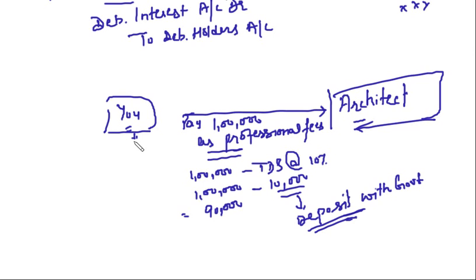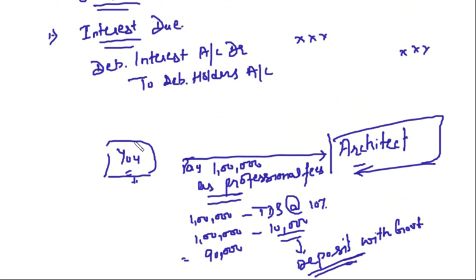So the architect will get his 1 lakh rupees. Right? So this is the concept of TDS. The same concept applies in case of debenture interest also. Whatever the amount is payable to the debenture holders, on that sometimes you have to deduct TDS payable account, right?